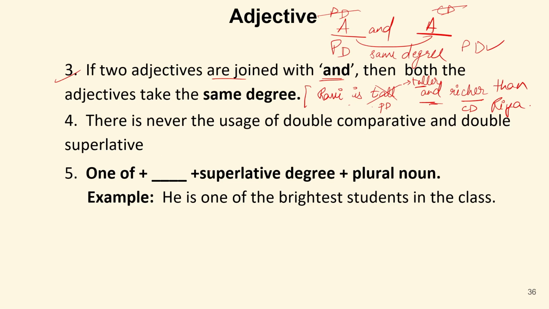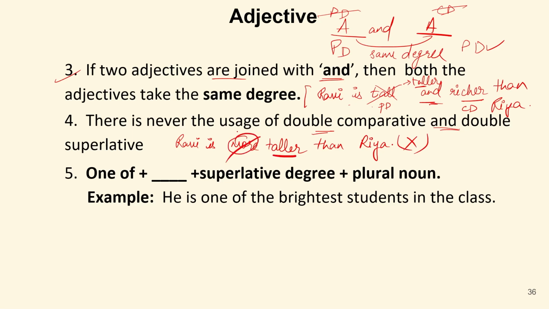There is never the usage of double comparatives. We should not use double comparatives. For example, if I say Ravi is more taller than Ria, this is incorrect. Why so? Because taller is enough.